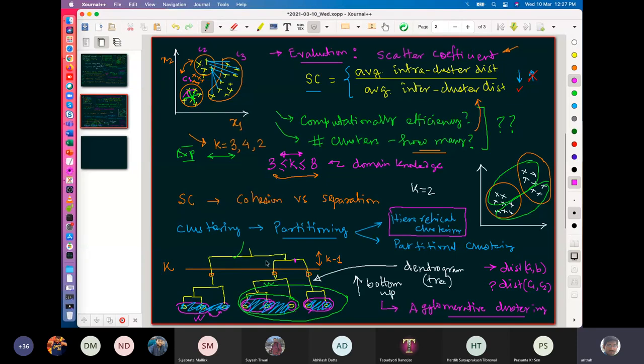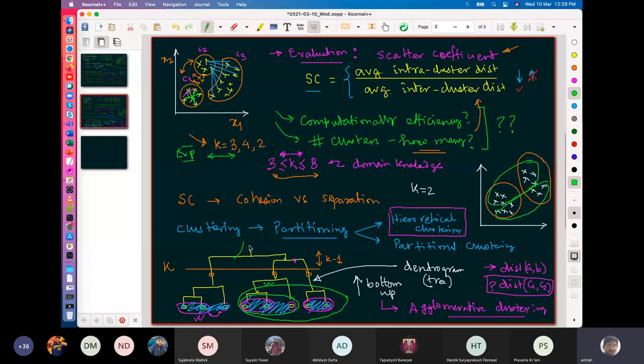As you can see, it's a hierarchy-based way of finding the clusters. We will create the distances between the points at the first level, but distances between clusters we are yet to define. We will immediately define it. Once we can do that, we will calculate the minimum distance among the clusters, group them, and gradually move up to k minus 1 depth, because if I need k clusters, I need to cut this.